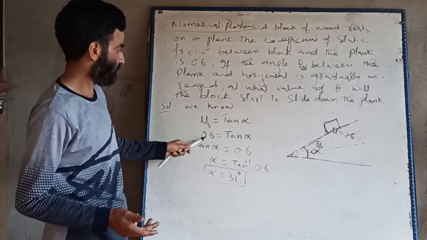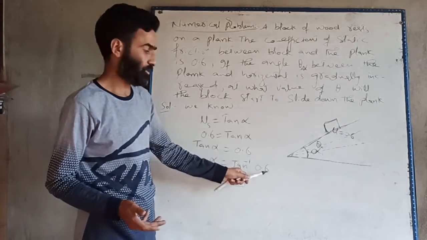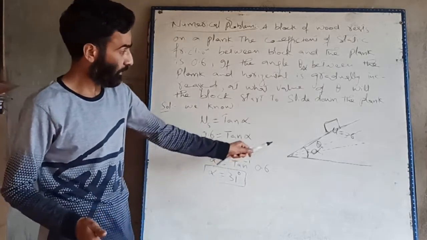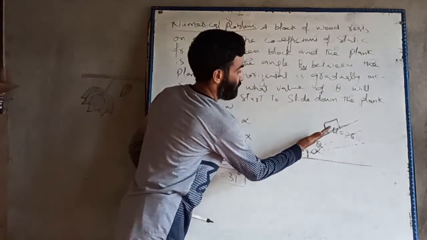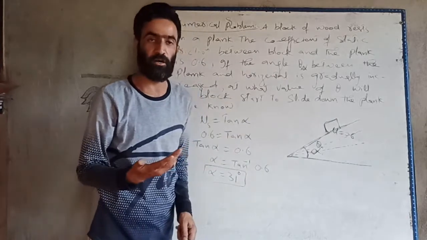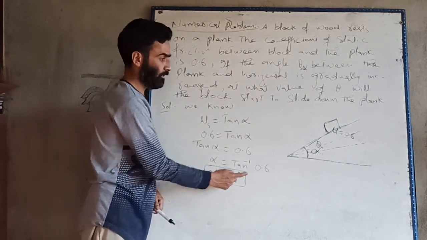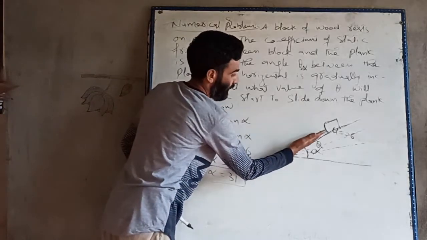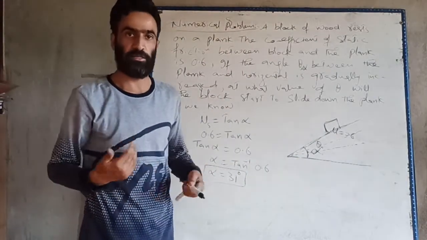So by replacing the values, I got alpha is equal to tan inverse 0.6, the value of which is 31 degrees. So if I increase the angle beyond 31 degrees, then the block will start sliding down. Let me repeat: above a 31 degree angle of repose, meaning the angle between the plank and the horizontal, the block will slide down.